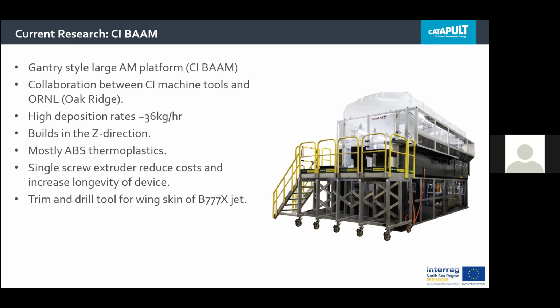It achieves very high deposition rates, around 36 kilos an hour. It's a gantry system, so it builds upwards in the Z direction. They've used a single screw extruder to produce an ABS-based thermoplastic trim and drill tool for a wing skin of a Boeing 777X jet, which is just coming in the pipeline.